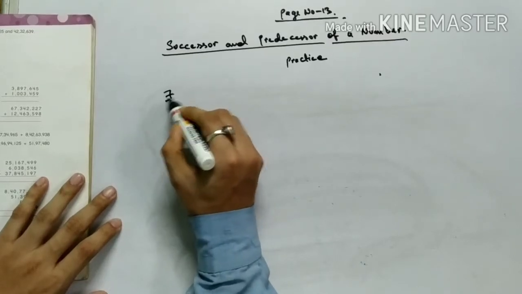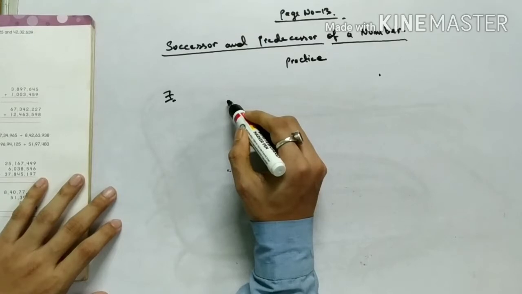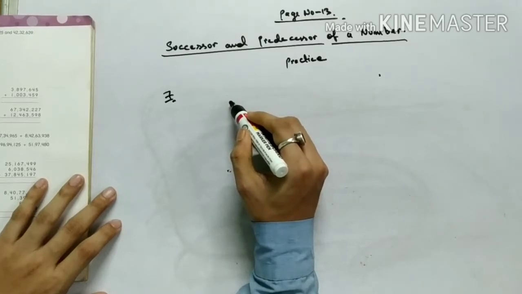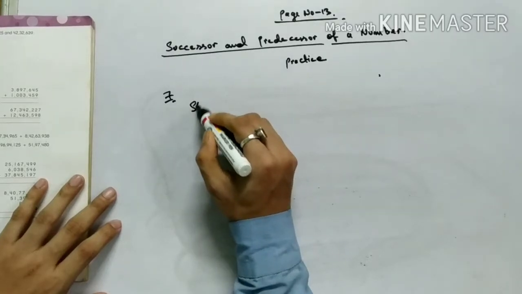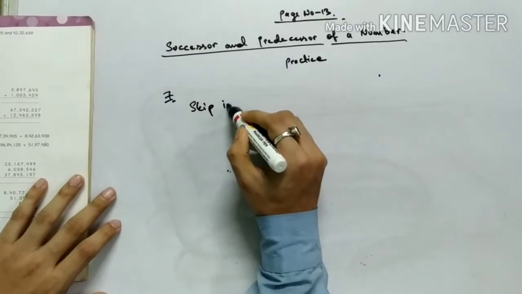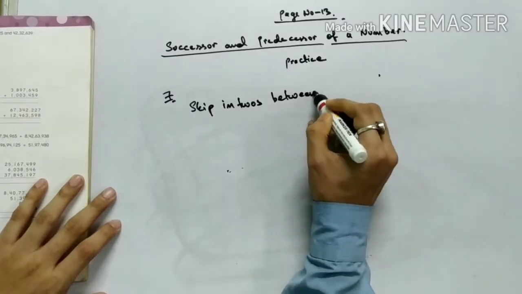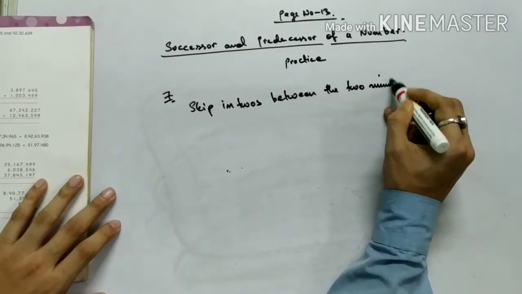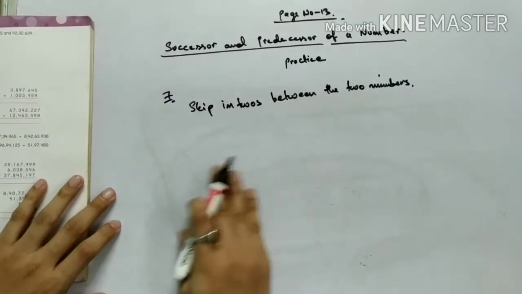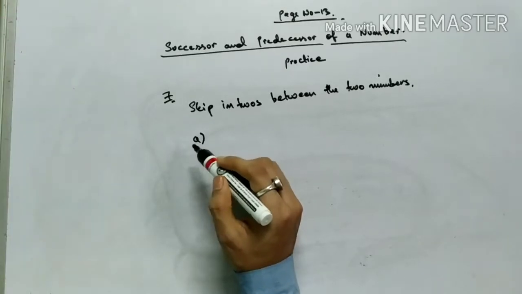Type 7 I will go. So this is skip in twos between the two numbers. The question is saying skip in twos between the two numbers.